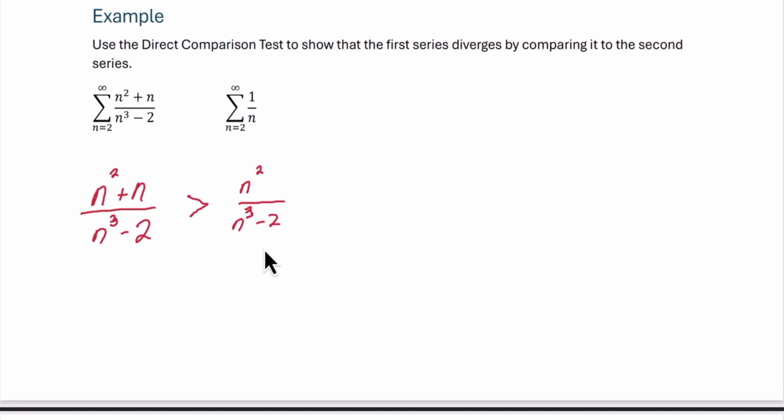If we remove the negative 2 from the denominator, and we simply have n squared divided by n cubed, the fraction again is getting smaller. And now we can reduce to get 1 divided by n, which is kind of what we wanted here. We wanted to compare it to the series 1 divided by n.